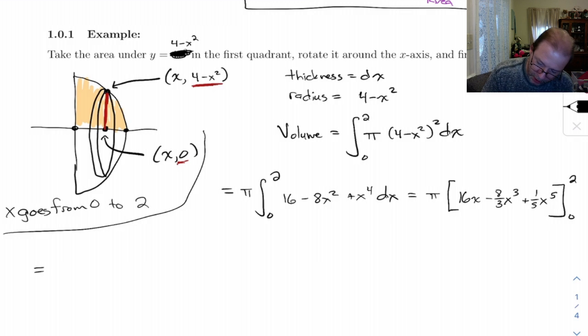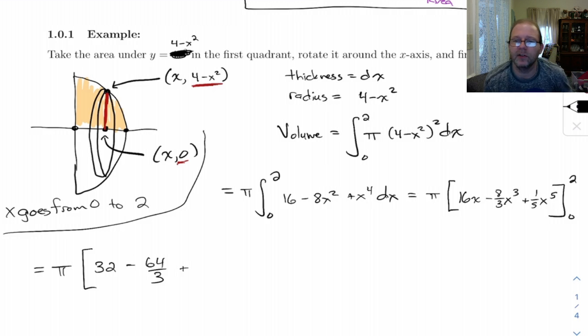All right, so if we've got the pi out front, this first bit is going to be 16 times 2 is 32, minus 8/3 of 8. Let's see, 2 to the third is 8 times 8 is 64 over 3, plus 1/5 of 2 to the 5th. So that's 32 over 5.